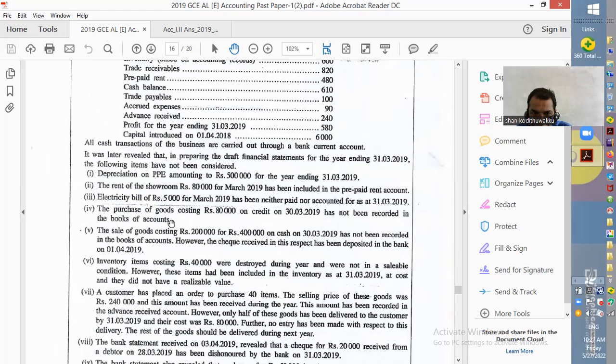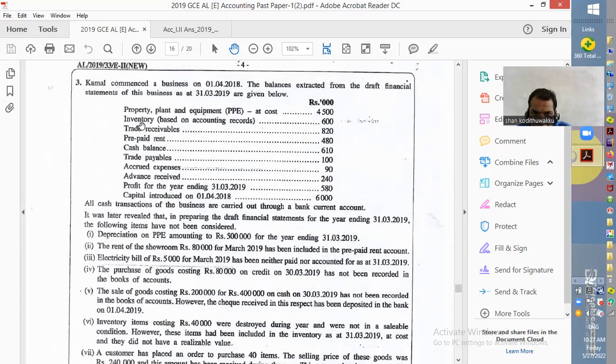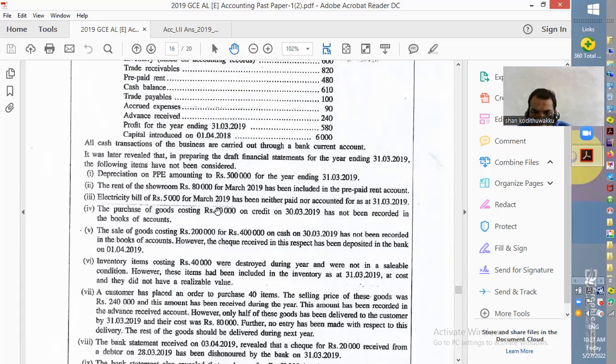That means at both places. Then purchases come under inventory. Therefore, your inventory based on accounting records 600, then plus 80,000. And also, as they haven't paid, trade creditors or accounts payable will increase by another 80, therefore plus 80.